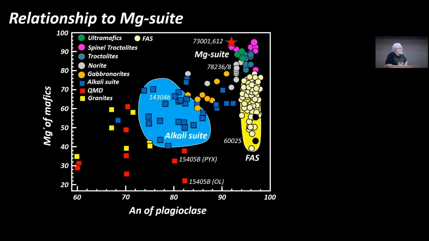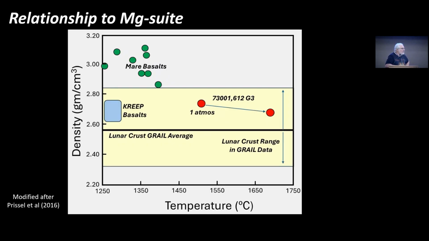And if we plot this on the diagram I showed you earlier, that's where the star plots. It plots this melt composition, whether it's impact or a magma derived from the interior, is a point that we'd like to make here.